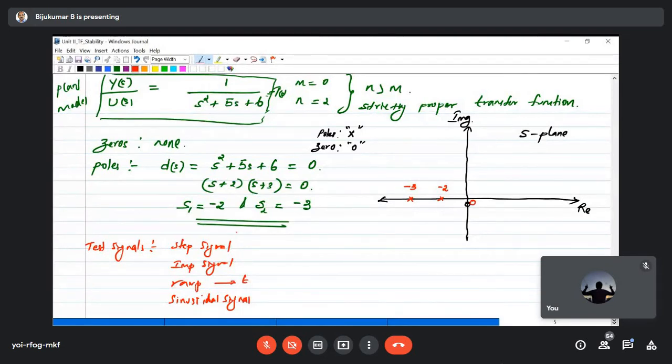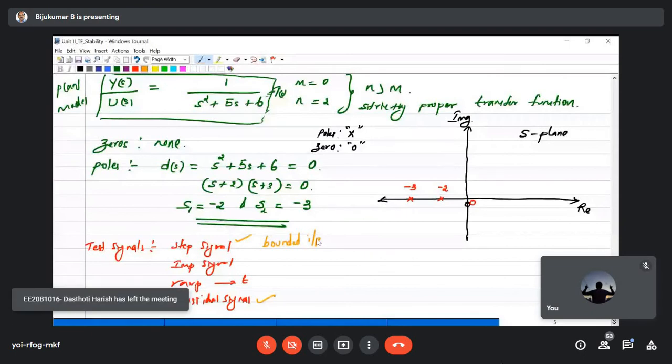Out of these, step signal and sinusoidal signals are the bounded inputs. Because in order to check the stability, we have to check whether the system produces bounded output for all possible bounded inputs, right?